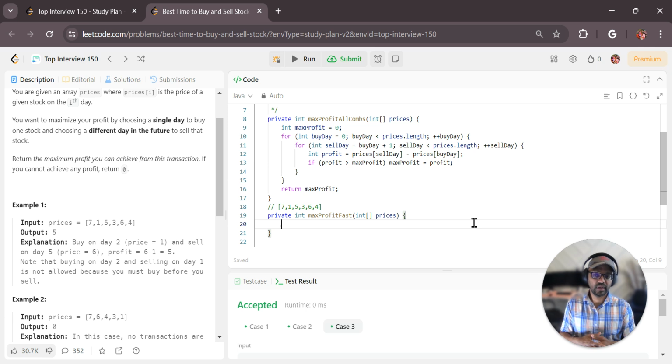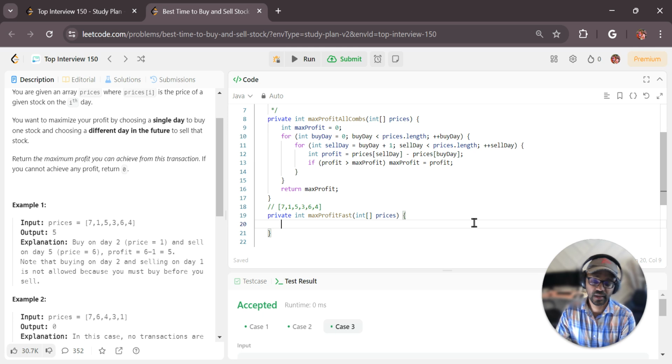So we calculate profit, and if that profit is bigger than the max profit so far, then we update our max profit. If the number after 7 is lower than 7, which is the case here, then we have a better buy price. 7 should not be the buy price, because whatever comes after 1 will yield us a better profit by selling on that day instead of 7.